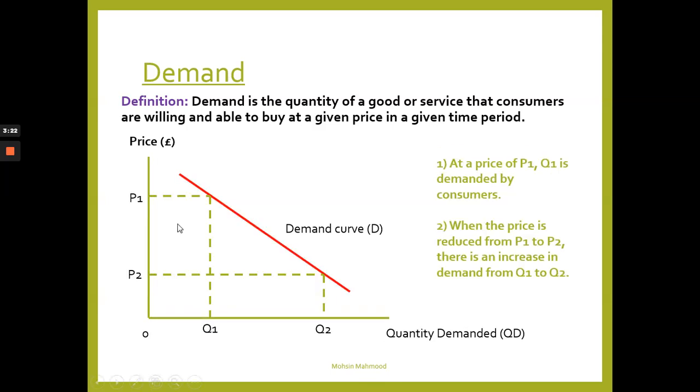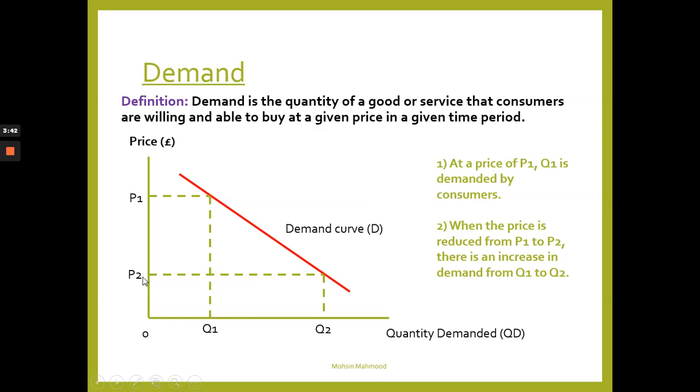I've got a little bit more of a visual example for you. So at this price here, at P1, Q1 is demanded. So at a price of P1, Q1 is demanded by consumers.